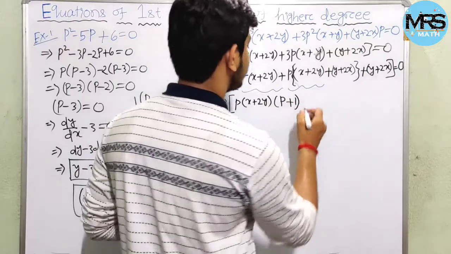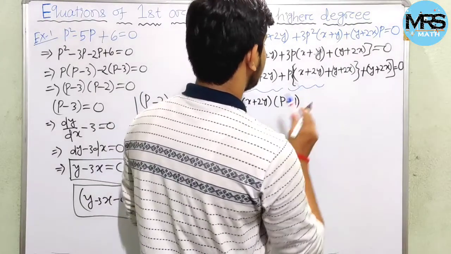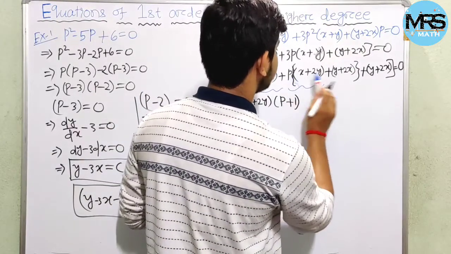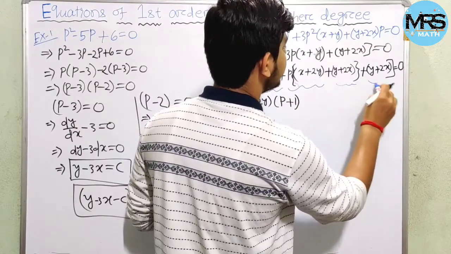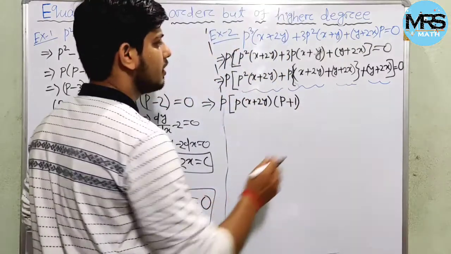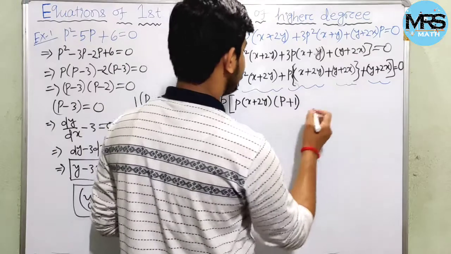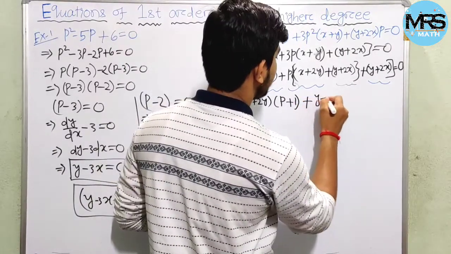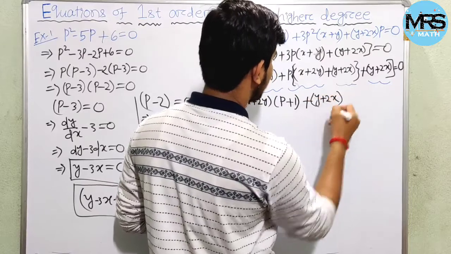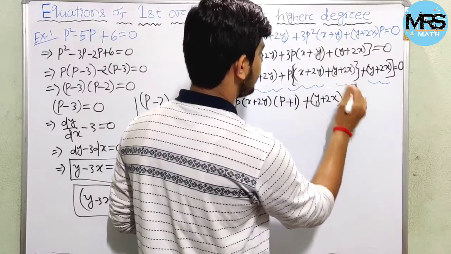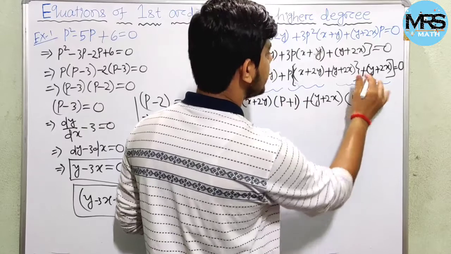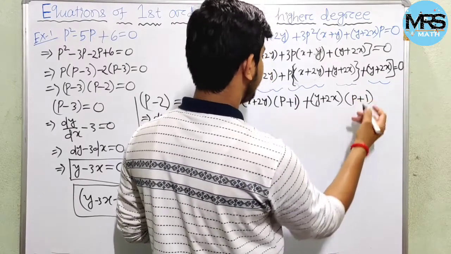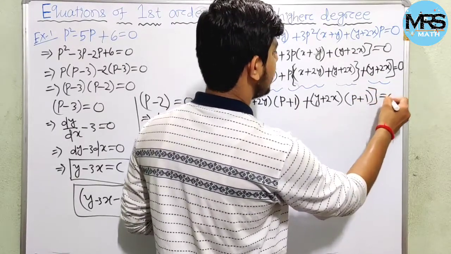Now from this p multiplied here, this term and this term, what can we take common? y plus 2x. If you take y plus 2x common, you will get only p here, and only 1 here, which is equal to 0.